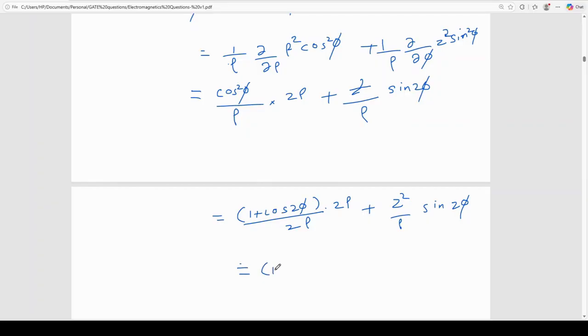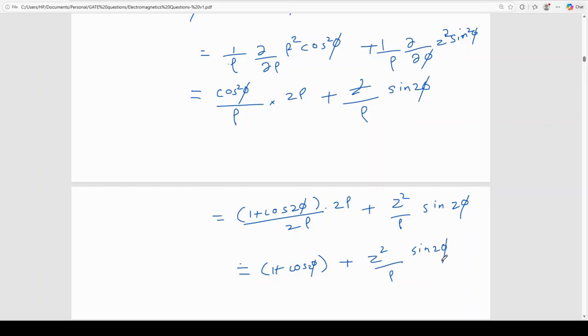We get 1 plus cos 2 phi plus z squared by rho sin 2 phi.